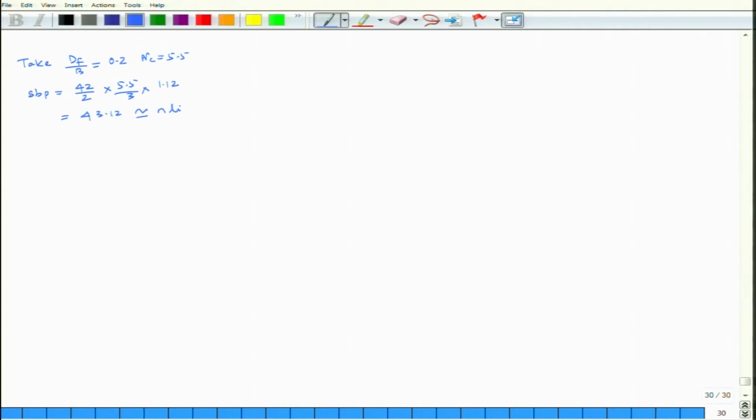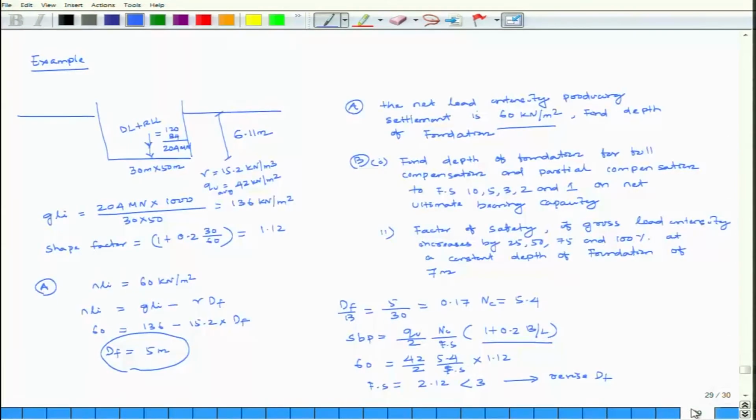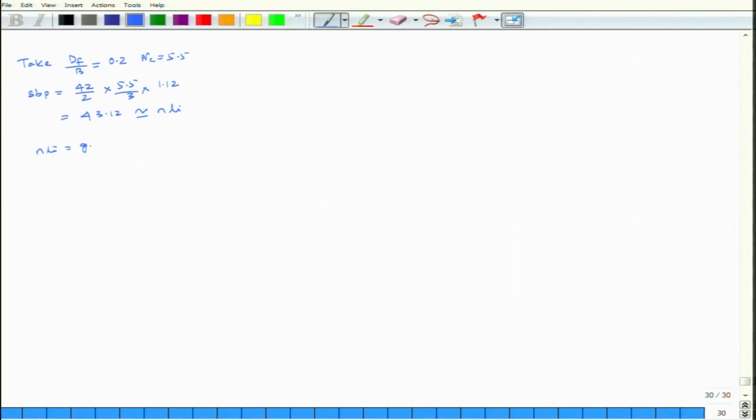From there you find out net load intensity is equal to your gross load intensity minus gamma df. From there you are getting depth of the foundation is equal to 6.11.